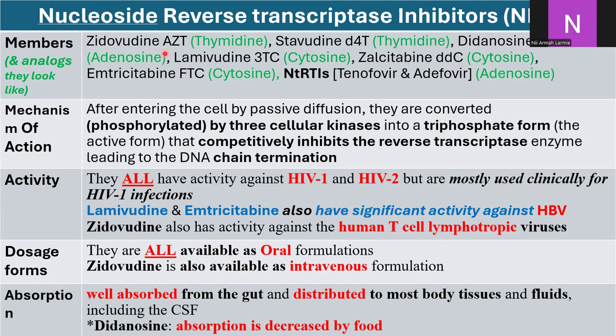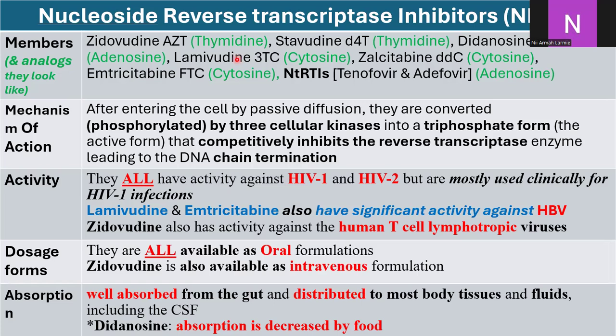The same way zidovudine looks like thymidine, stavudine looks like thymidine, didanosine looks like adenosine, lamivudine looks like cytosine, zalcitabine looks like cytosine, emtricitabine looks like cytosine, and tenofovir, adefovir look like adenosine. So you note that we are making the drug to look like the natural building block.